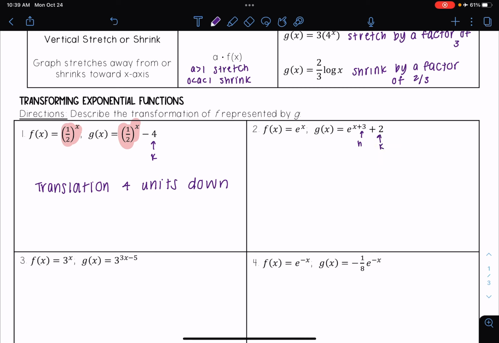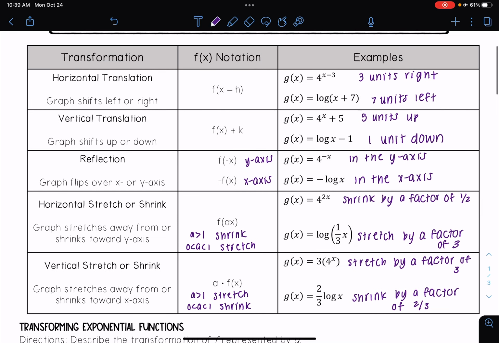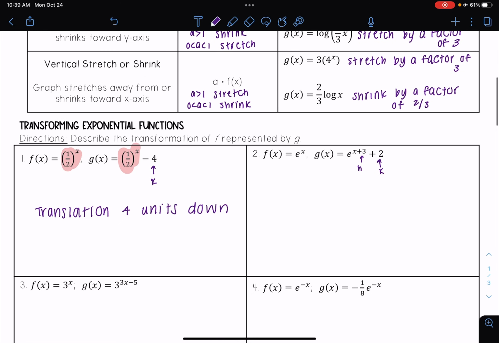Now remember, with it being plus 3 with that x, when it's a plus in there, that means it's going to the left, just like this log of x plus 7. So I would say this is a translation 3 units left. And that plus 2 means it's going up 2. So I say 2 units up.